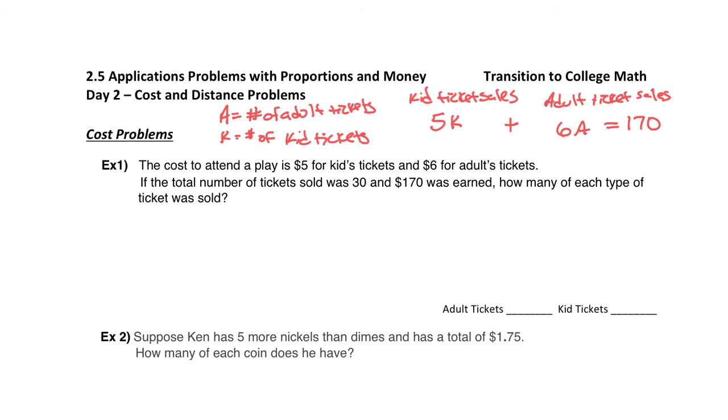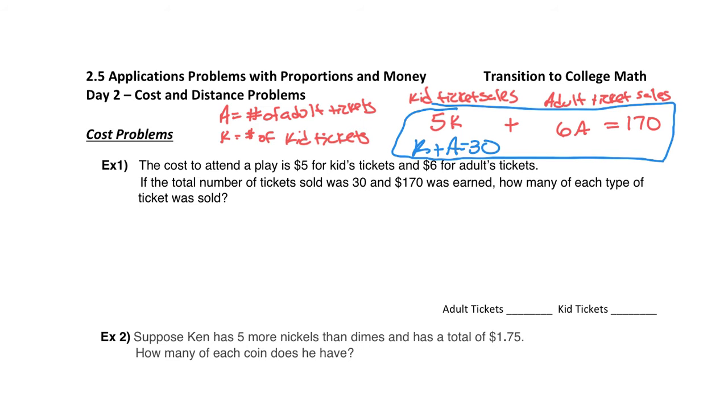That means K plus A has to equal 30. And what I have right here now is a good old-fashioned system of equations, which again goes back to Algebra 1. If you remember that and you like that, great.